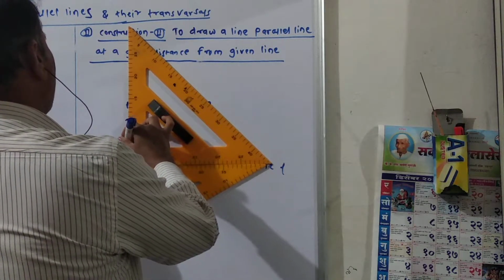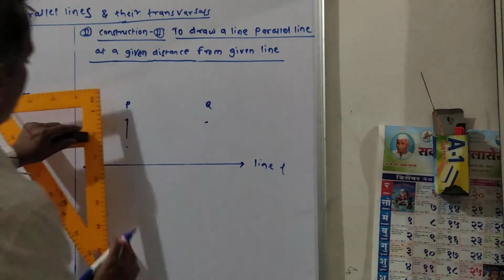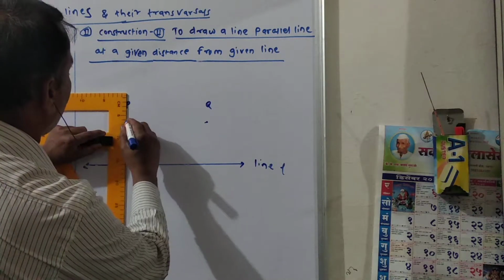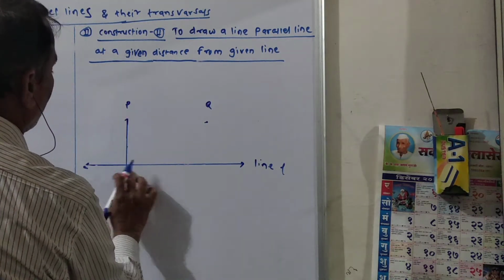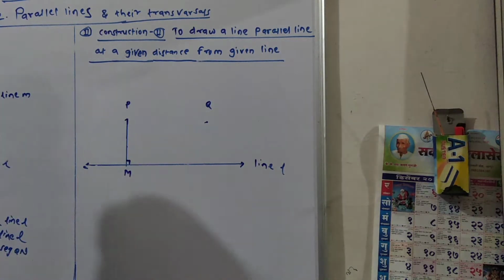Just mark that point, and by connecting the points P and Q, we get one more perpendicular, and here is the distance M. So the segment PM is the perpendicular on line L. Also we have marked the second point Q on this line.